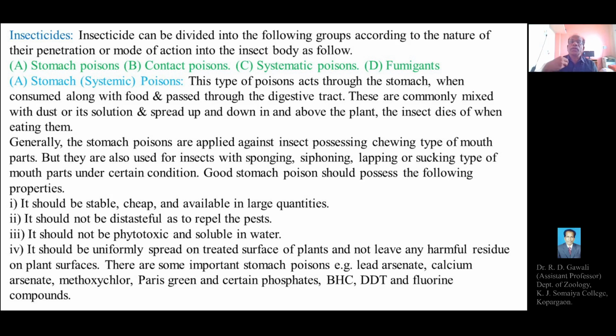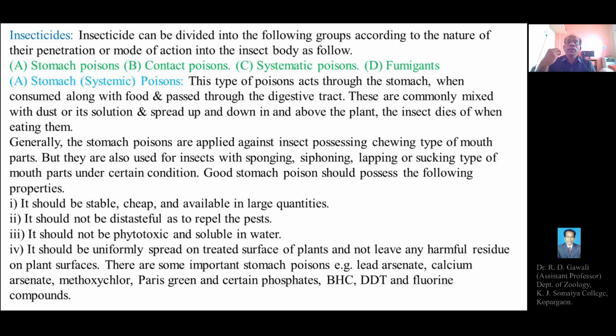When the poison or insecticide reaches the stomach, it produces its toxic effect and kills the insect pest.